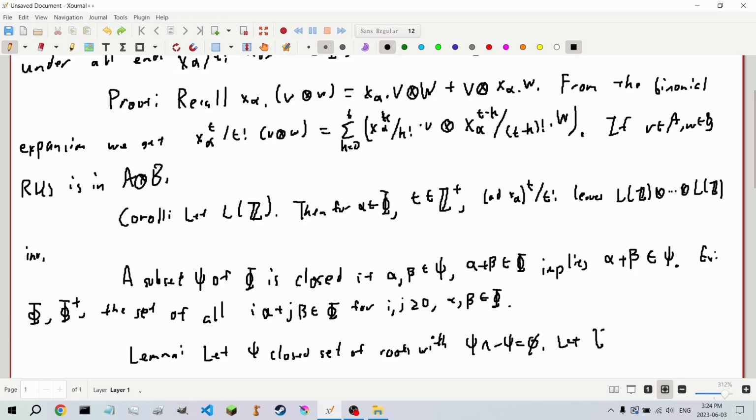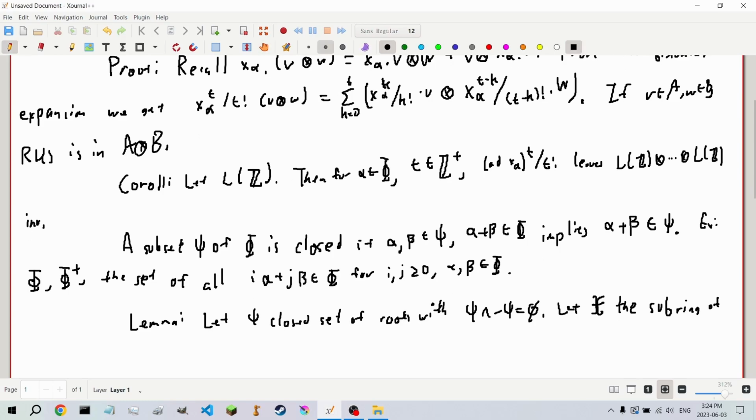That's not even an X. Let it be the subring of the universal algebra of L with one generated by all x alpha to the t over t factorial for alpha in our closed set and t being a positive integer.